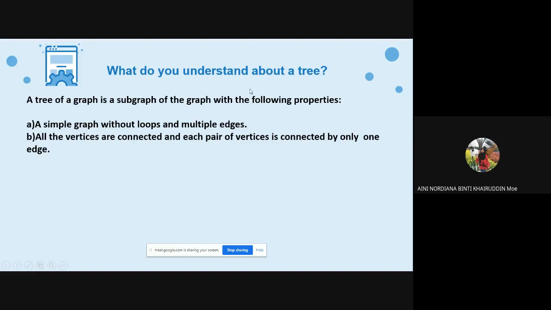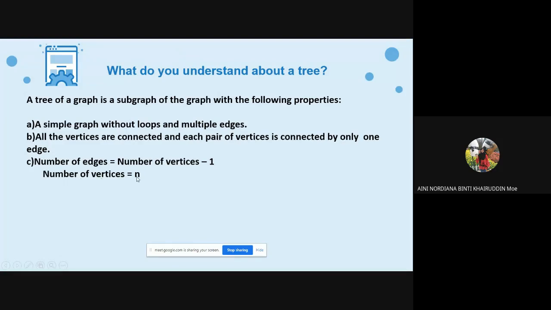Ni syarat-syarat dia lah untuk dapatkan tree. Stilah simple graph without loop and multiple edges. Lepas tu, all the vertices are connected and each pair of vertices is connected by only one edge. Syarat ketiga, number of edges equals to number of vertices minus 1.